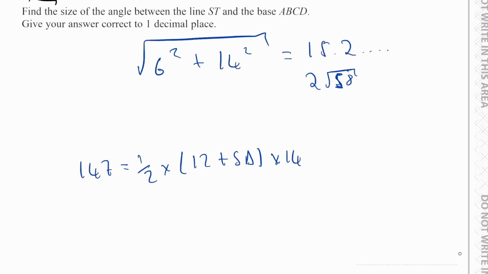So let's go ahead and do that. So 147, and we're going to have to divide through by a half, which is the same as multiplying by 2. And then you want to divide through by 14. And then you should be left with 12 plus SD. So you take off 12 to get the SD on its own. You could do that in a few steps, but I've just done it in one step there. And so you should get that SD equals 9.